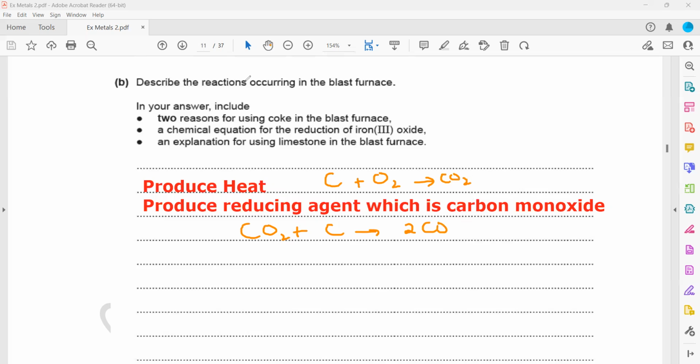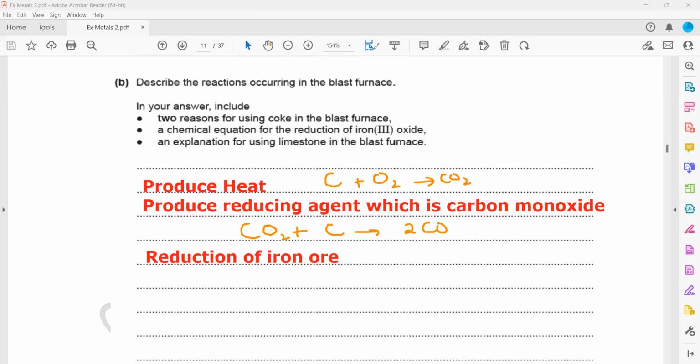Then the third one is the reduction of the ore of iron. So how is iron ore reduced?